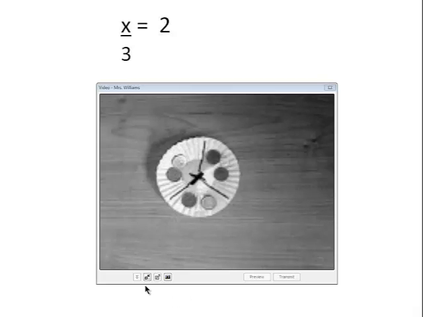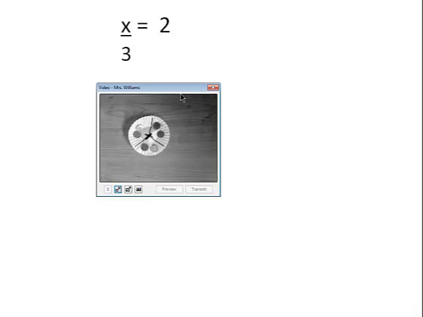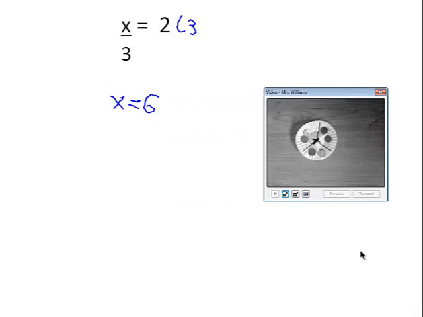So what we did in math is we really multiplied that x box by 3, and we multiplied the 2 pennies by 3, and we know 3 divided by 3 is 1. So we get 1x is equal to 2 times 3. 1x is the same as x is equal to 6.